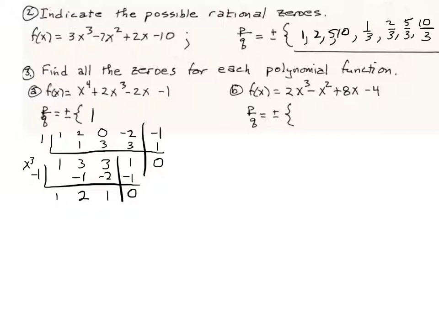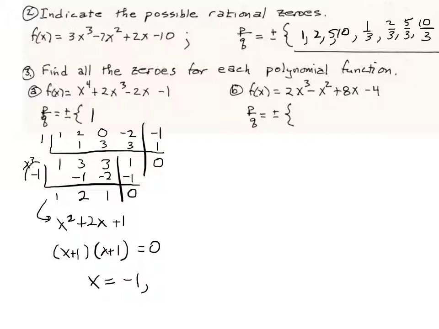Beautiful. Now we can rewrite this as x squared plus 2x plus 1. That is perfect because that will factor to x plus 1 and x plus 1. When we set that equal to 0, we get x equals -1, and that's going to repeat, it looks like 3 times.